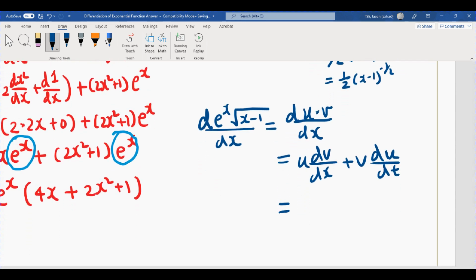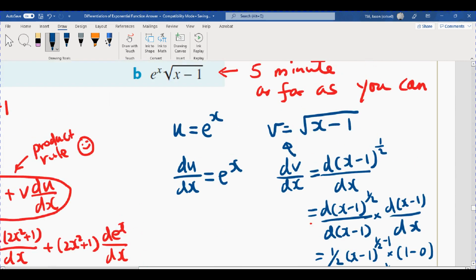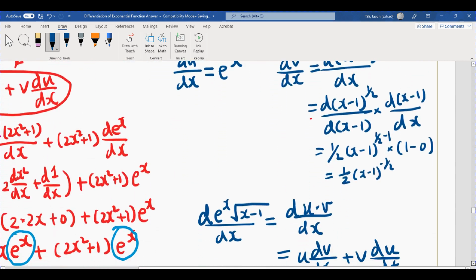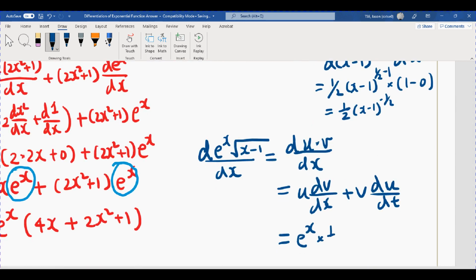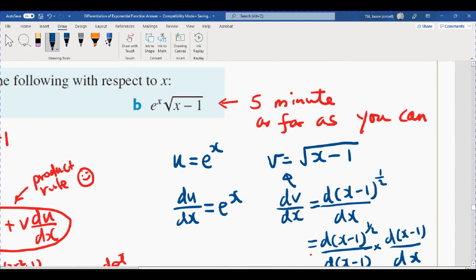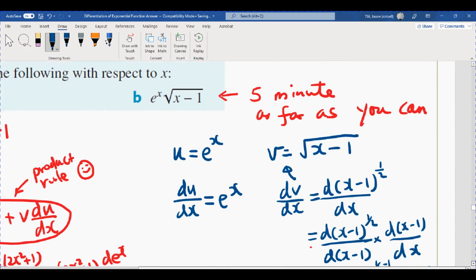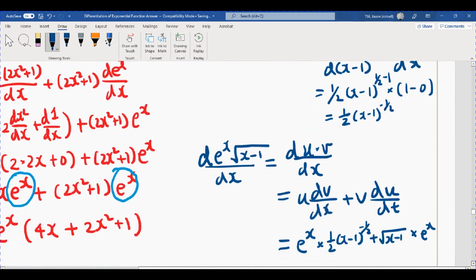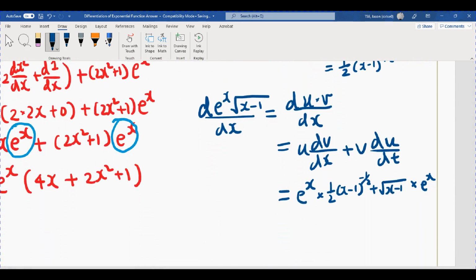And product rule means, how about that dv dx? dv dx is just half times x minus 1, the whole thing to the power minus half, plus v. v is just this guy, right, times du over dx, e to the x. Remember, we've done the du over dx and dv over dx before we apply the whole product rule.